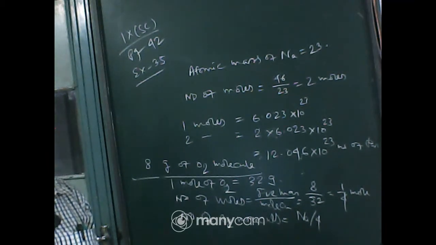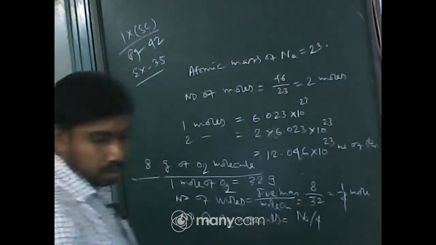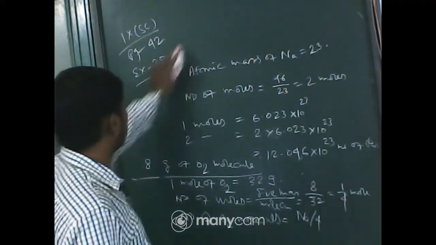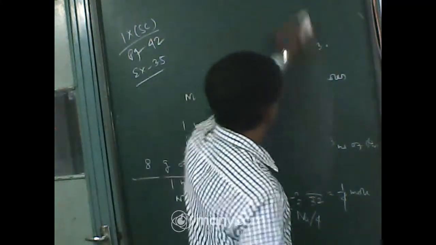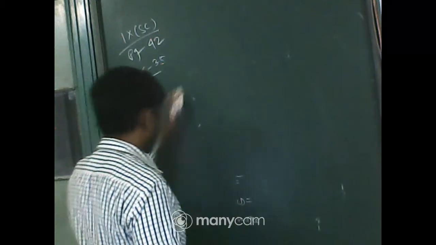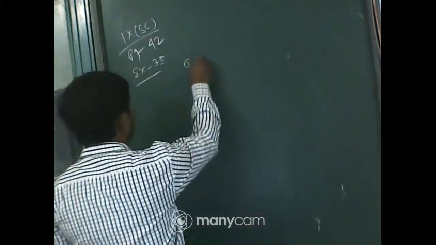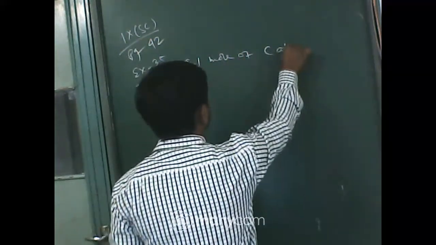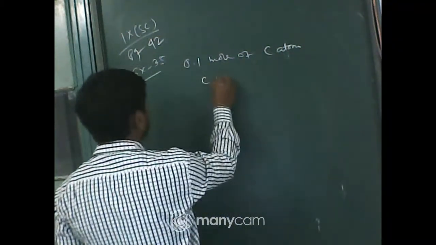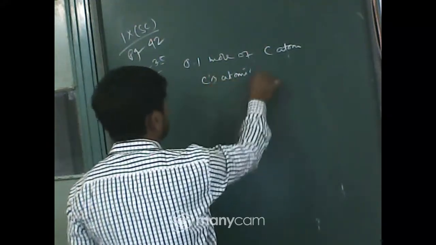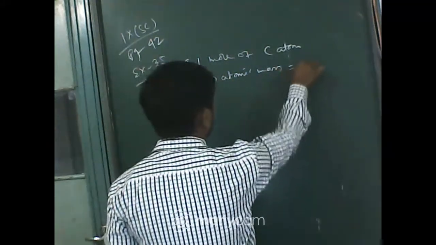So it would be equal to, yes, 12 gram equal to 1 mole for carbon. 0.1 mole of carbon atom. So carbon's atomic mass equal to 12.